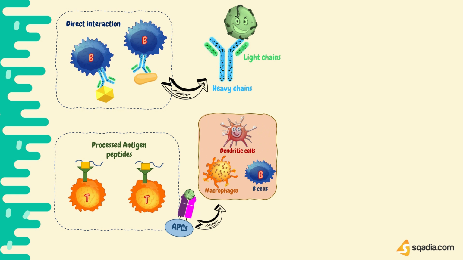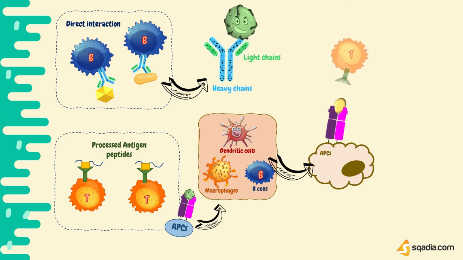These APCs are very efficient at endocytosing extracellular antigen, processing it, and presenting it, usually along with co-stimulators that complete the immune activation process. And these antigen peptides are presented to T cells by APCs in association with MHC class II molecules.